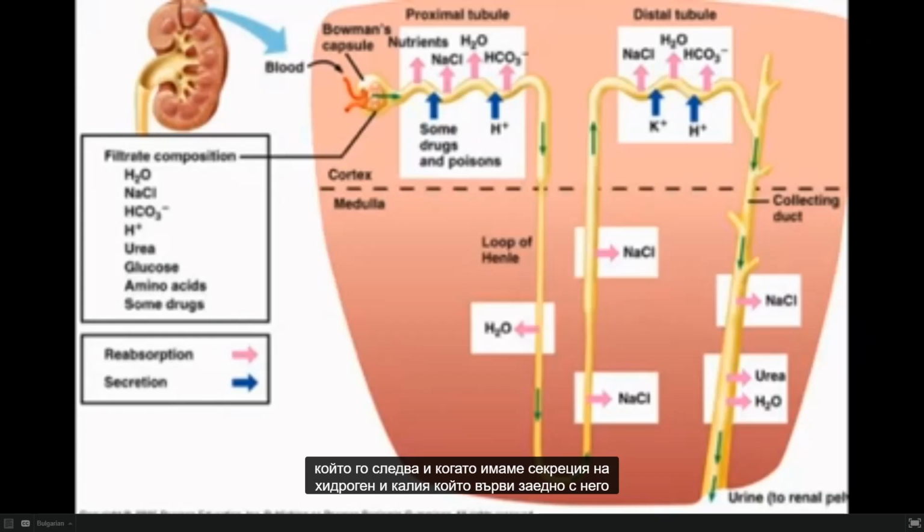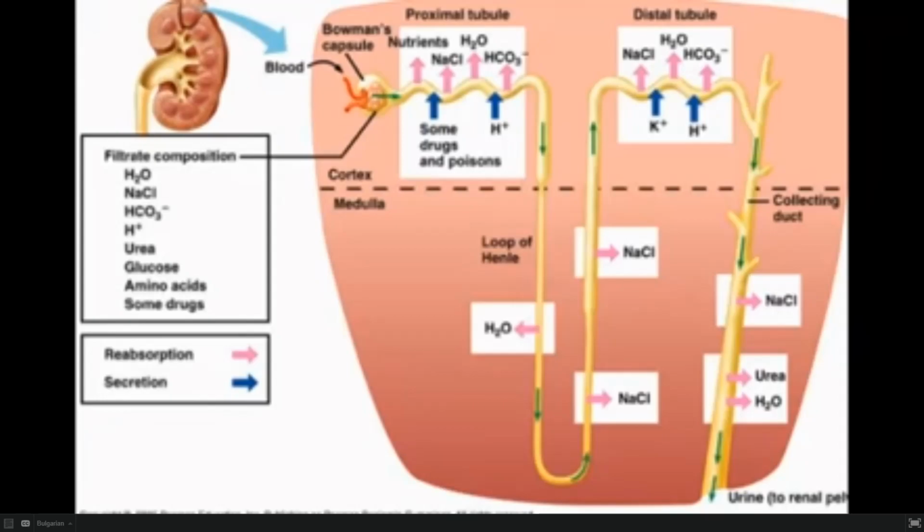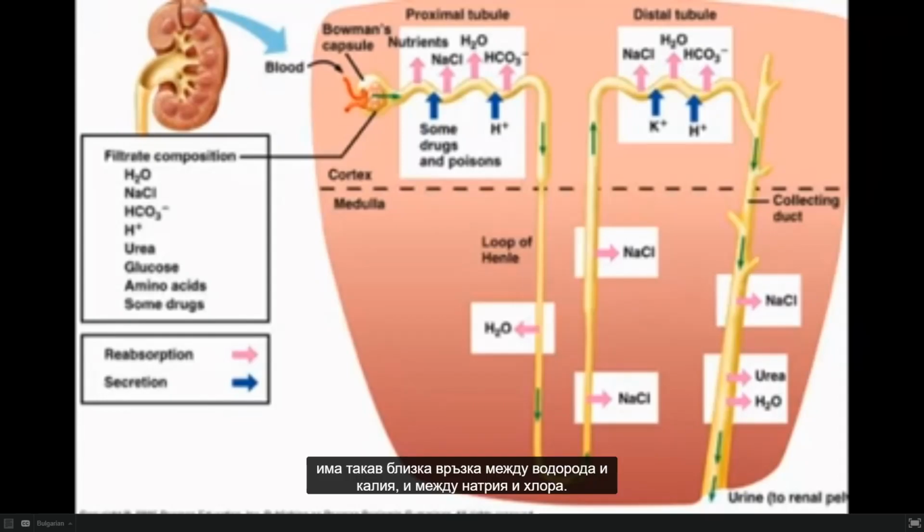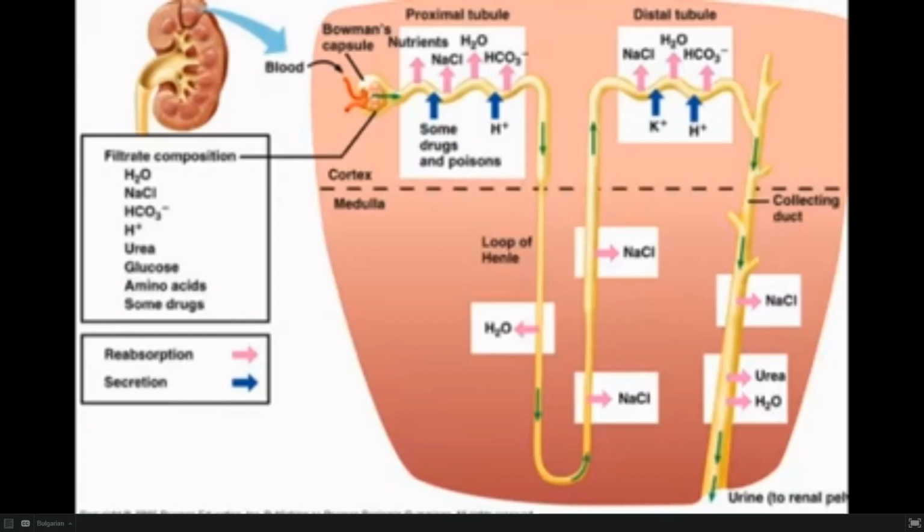So even in the working place in our cells, as you saw in the previous workshop, we have a close relation between hydrogen and potassium and between sodium and chlorine.